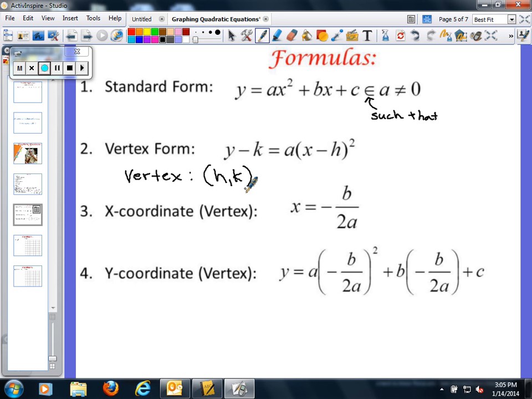Now, if you're given a quadratic equation in standard form, then in order to find the vertex, you're going to find the x-coordinate by plugging in x equals negative b over 2a. And then in order to find the y-coordinate, once you find what x equals, you're going to plug that back into your quadratic equation and solve for y. So these are going to be very important for us while we're doing this.